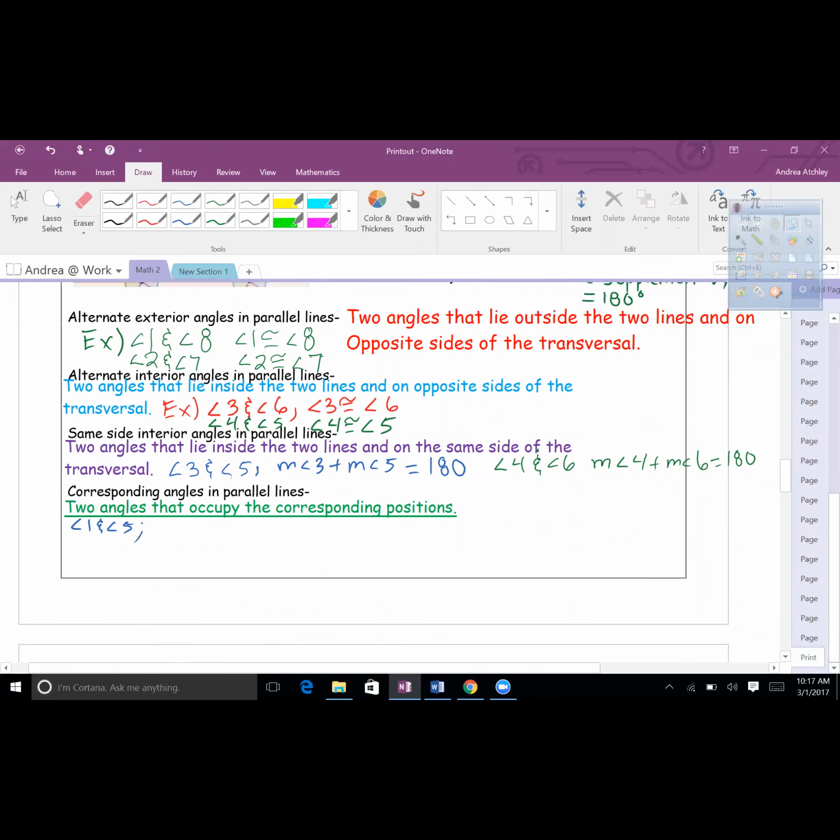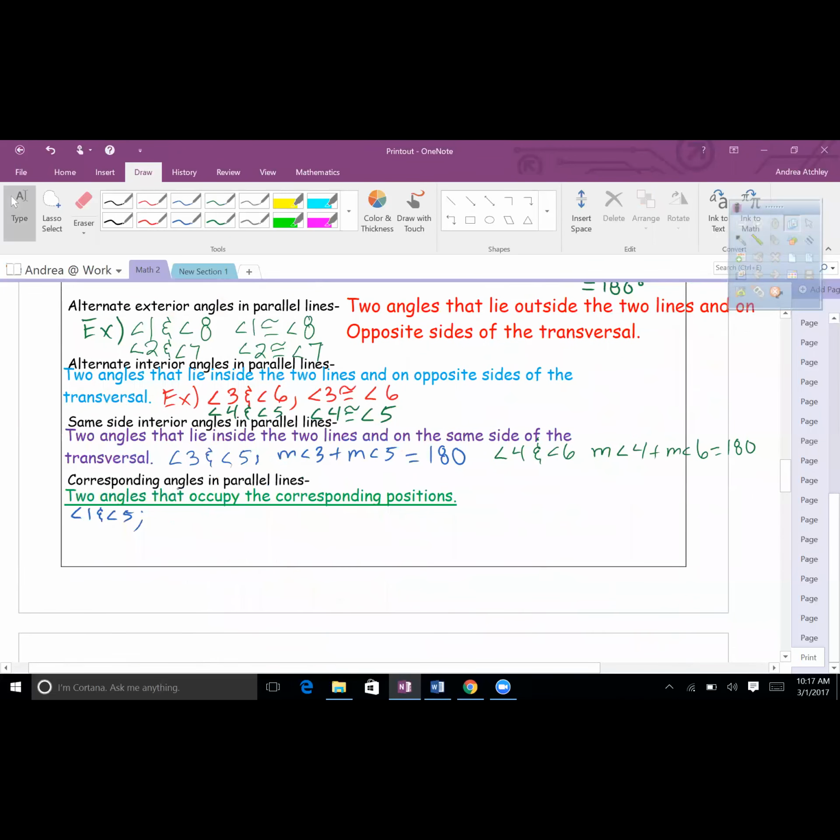Okay, and those are both yellow, so they are congruent. Angle 1 is congruent to angle 5. Any questions over that?